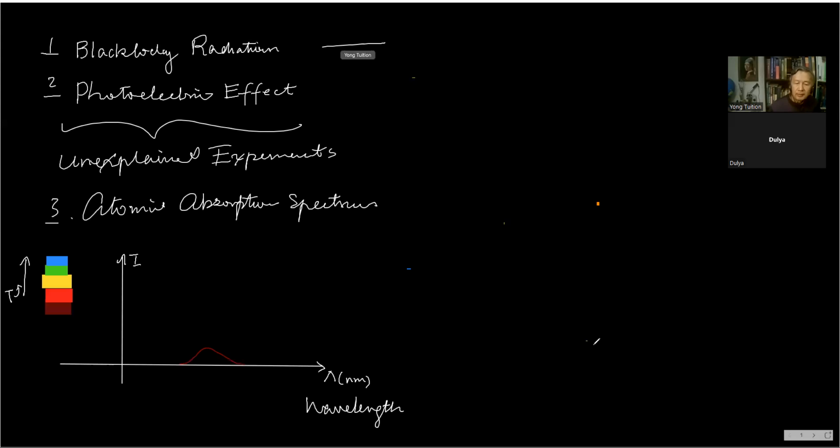When the temperature gets very hot, the curve becomes like this. With the temperature getting even hotter, it gets like this. That is continuous, and eventually, when very hot, it looks like this. That is how experimentally we can measure intensity versus wavelength.